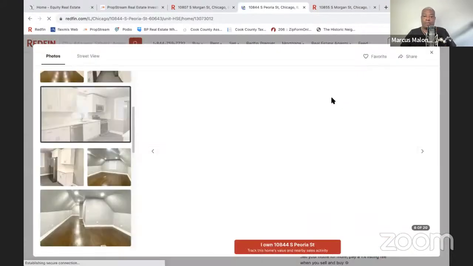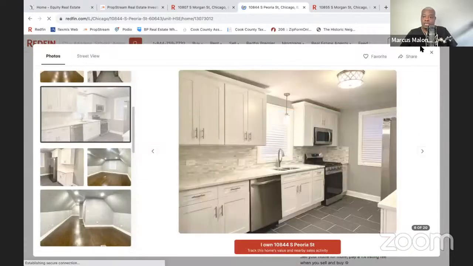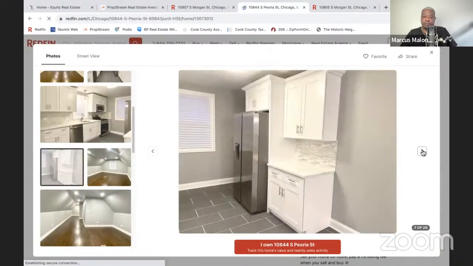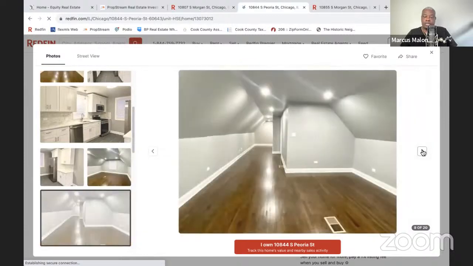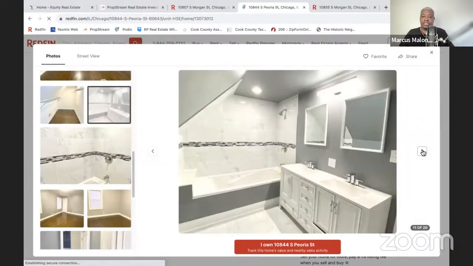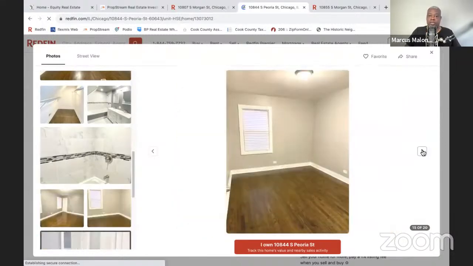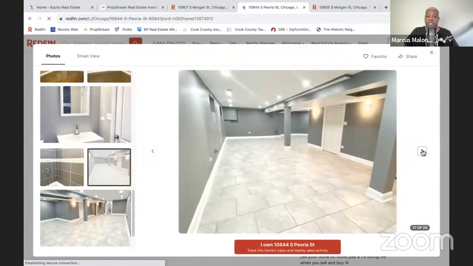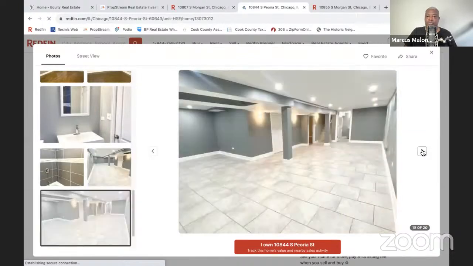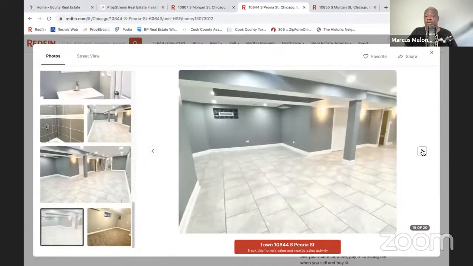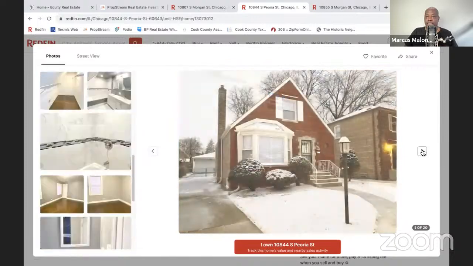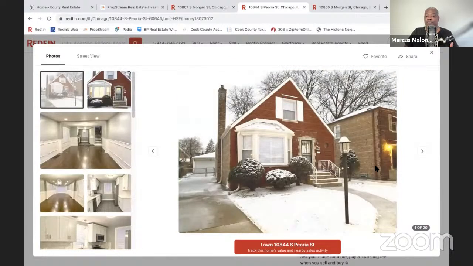So if we're looking at this property, it is renovated. Upstairs attic has been finished. So that's where a lot of the additional square footage is coming from. Upstairs attic was finished. The main level was finished, as well as the basement. So you have 3 floors of living space, where our subject property only has 2 floors of living space. So that added that extra $50,000 in value to this home here in Chicago.